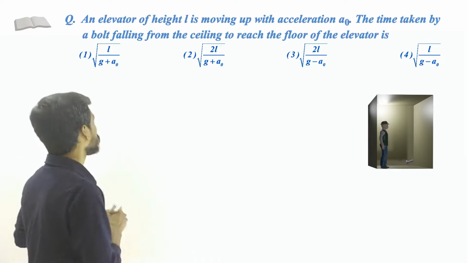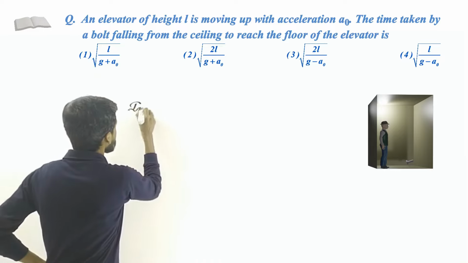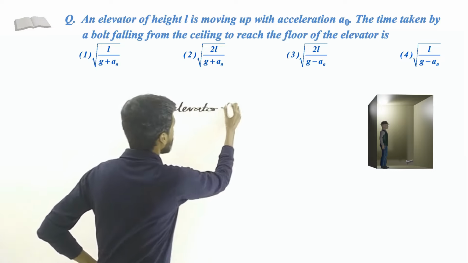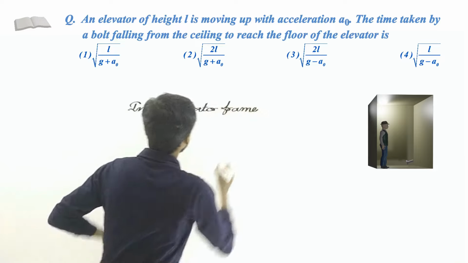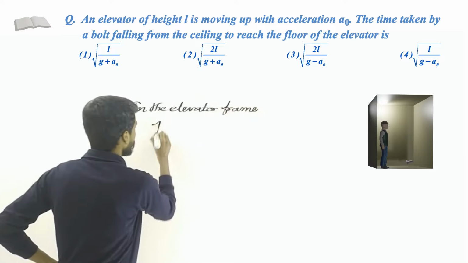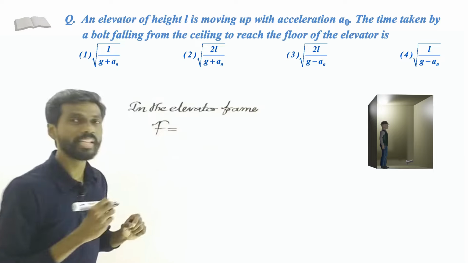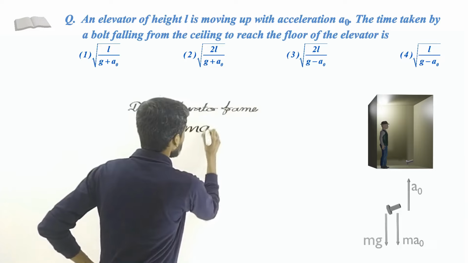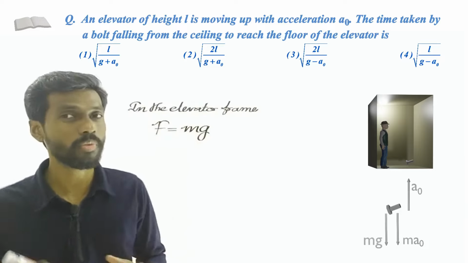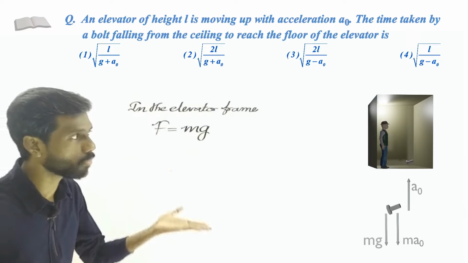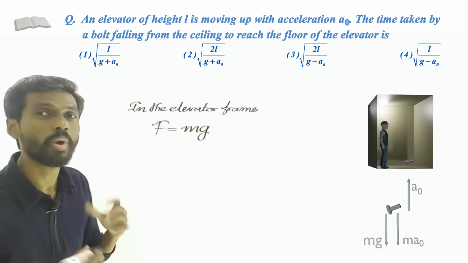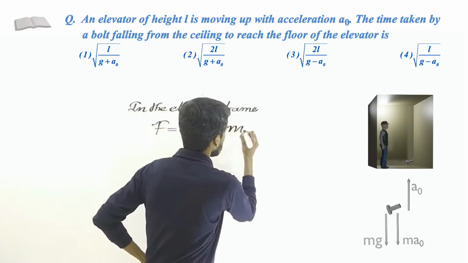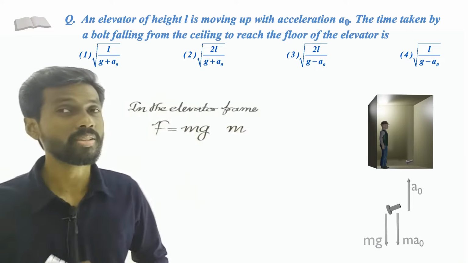Now in the elevator frame, the frame of reference is accelerating. So what is the total force acting on this object? One force is the weight, the gravitational force acting in the downward direction, mg. Not only this, we have to consider the pseudo force also, because the observer is moving with some acceleration. What is the formula for pseudo force? Mass of the object, m, multiplied by the acceleration of the observer.